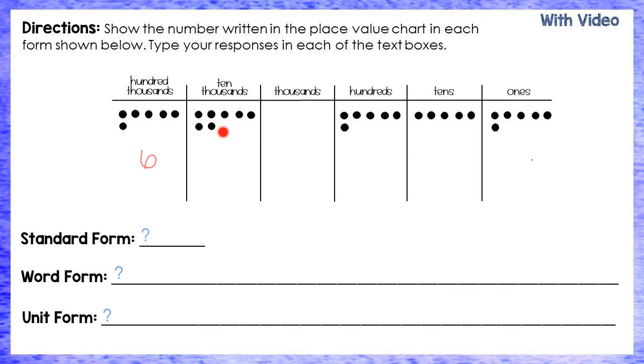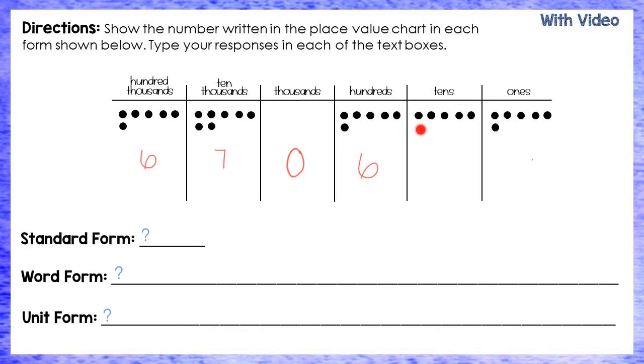Then we're going to go to the 10,000s. How many are represented in the 10,000s? Good, 7. How many are represented in the thousands place? None. So what do we have to write when there's none? We have to put a 0. How many are represented in the hundreds? There are 6.